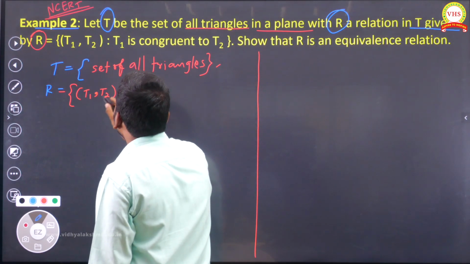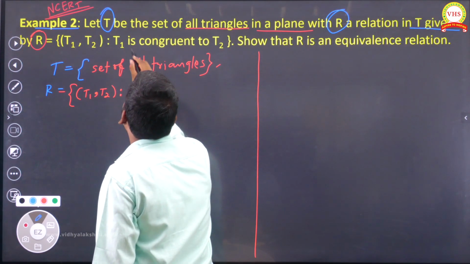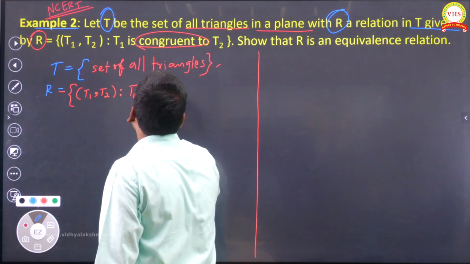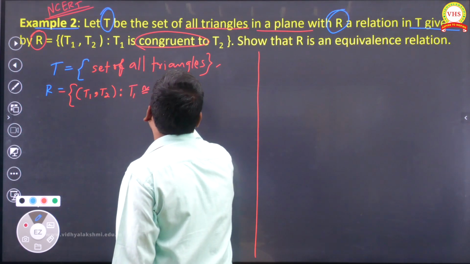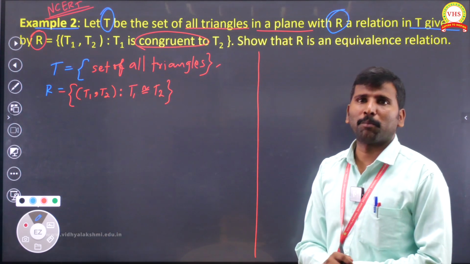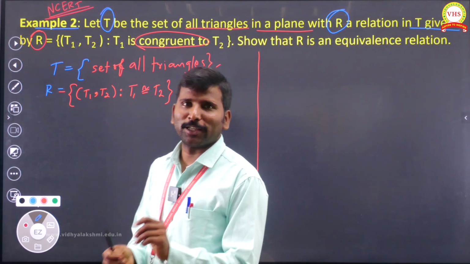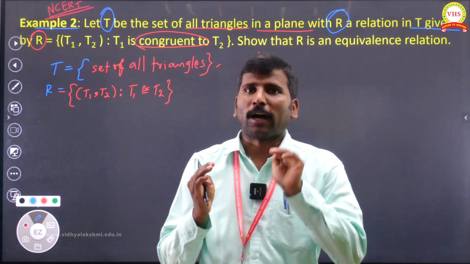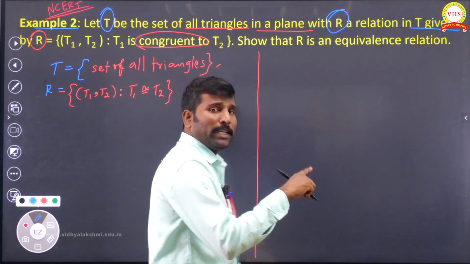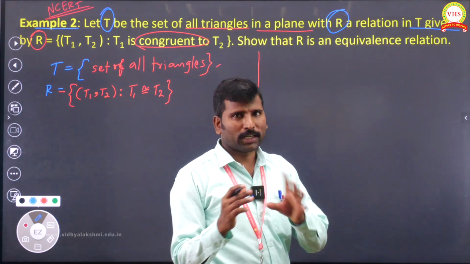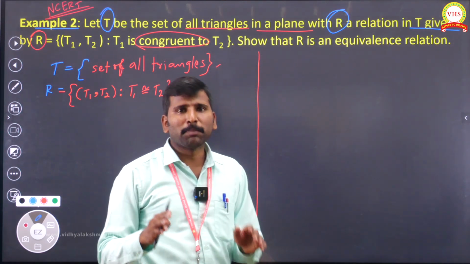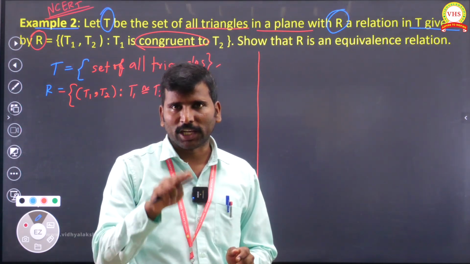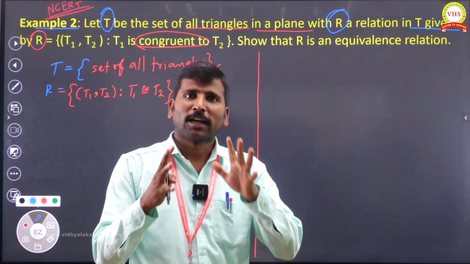Now here, (T1, T2) such that T1 is congruent to T2. Both are congruent, it seems. Congruent means, do you remember children, we have seen in 10th standard and 11th standard: any figure, either triangle or quadrilateral, whatever, having the same shape and same size is called congruent.